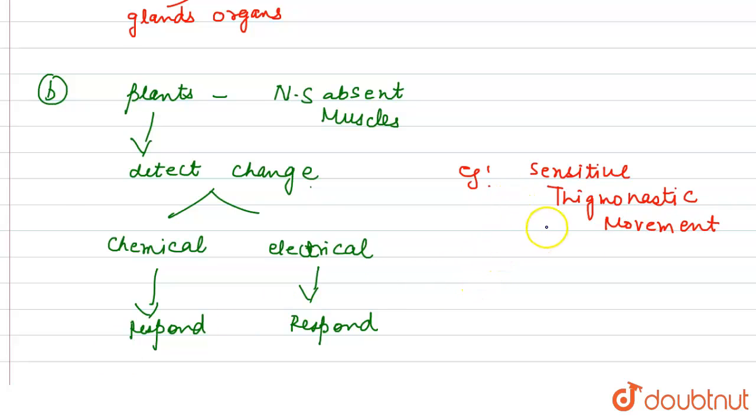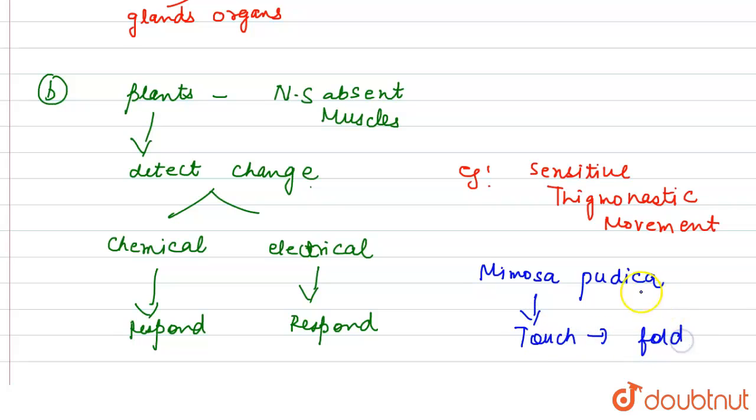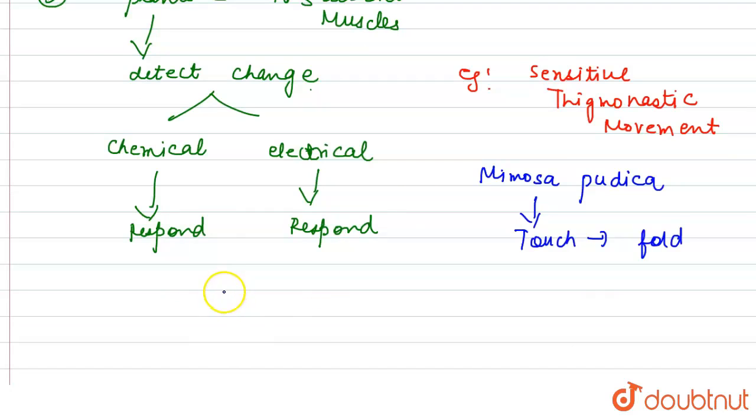The sensitive plant showing the thigmonastic movement is Mimosa pudica, known as a thigmonastic plant because whenever we touch it, it folds over. This is how it shows movement in response to touch, and that is why we call it the thigmonastic movement.